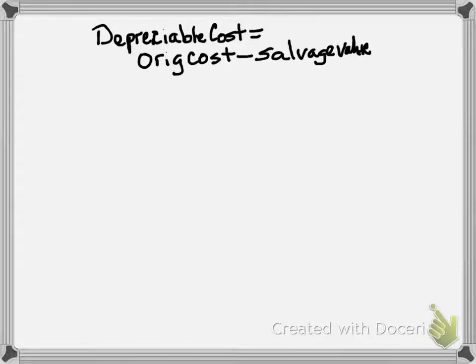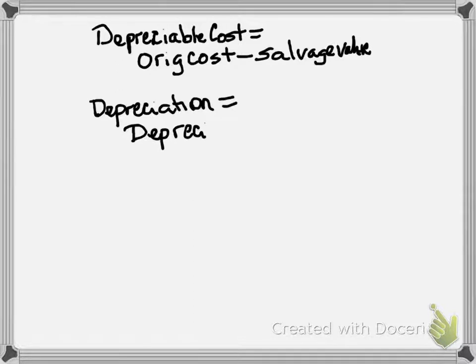So then the second step, we will determine the amount of depreciation by taking that depreciable cost and dividing by the useful life.